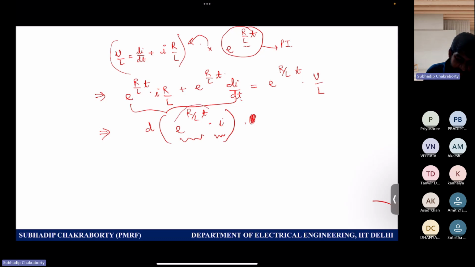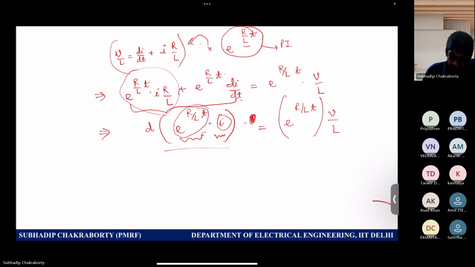If you differentiate this part, then it will be r by L into e to the power r by L into t into i. Then differentiate the second part, leave the first part. So this is nothing but this. And the second part is e to the power r by L into t into V by L. And there is a dt also, right?